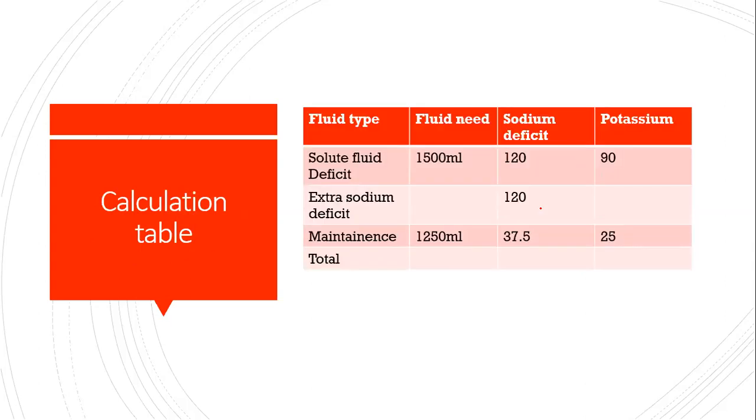So for maintenance, you have 37.5 sodium and 25 milliequivalents of potassium in a 1250 ml maintenance. So altogether in total, this child requires a fluid of 2750 ml with a sodium of 277 approximately and 115 of potassium.